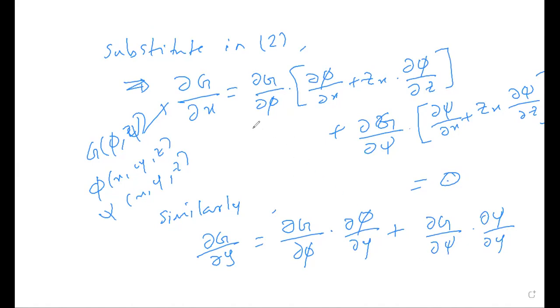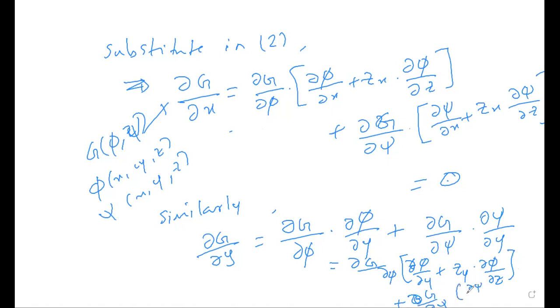So if you substitute this, like for this one, you will have something: ∂g over ∂phi of ∂phi over ∂y plus zy times ∂phi over ∂z, same. Okay, plus, can you write down ∂g over ∂chi of ∂chi over ∂y plus zy times ∂chi over ∂z.